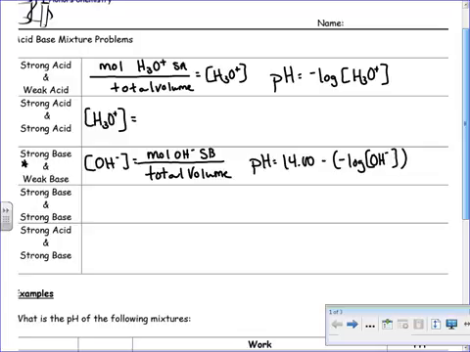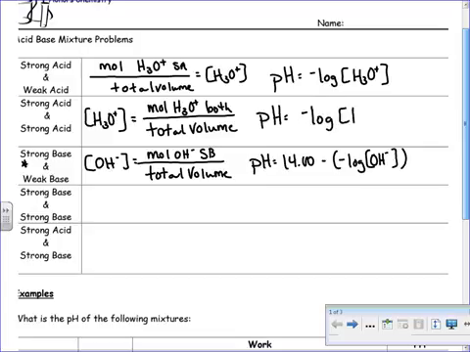So you're going to get moles of hydronium from both, and divide by the total volume to get the concentration. And then, of course, because it's an acid, pH equals the opposite of the logarithm of this new concentration of hydronium.